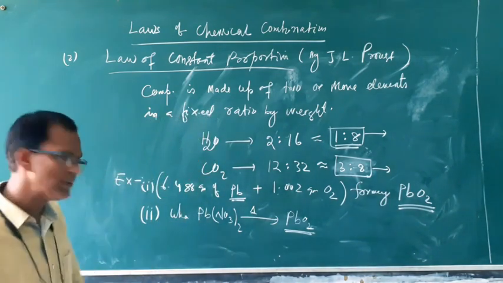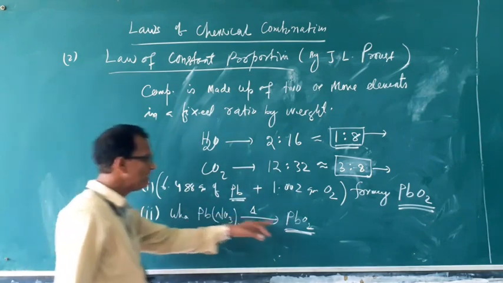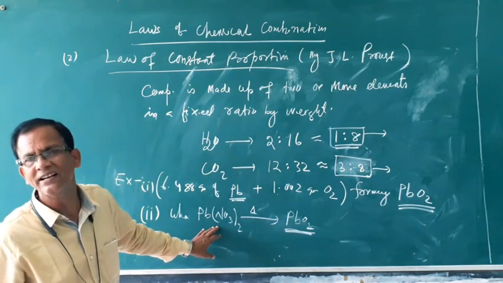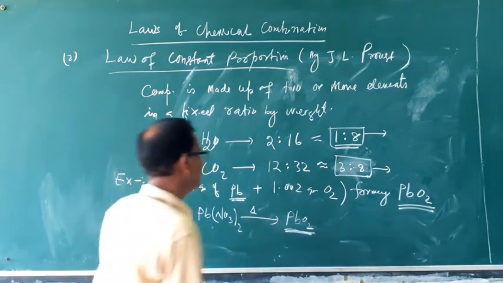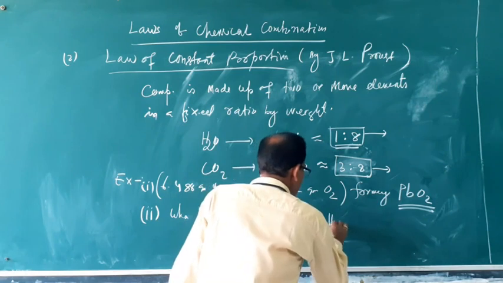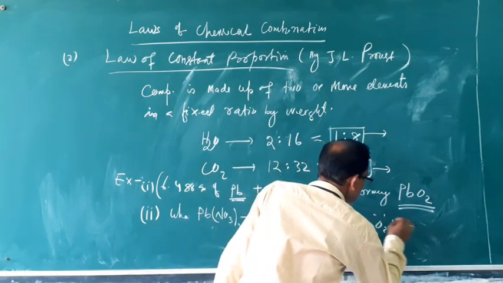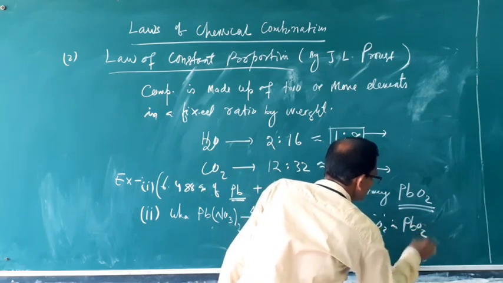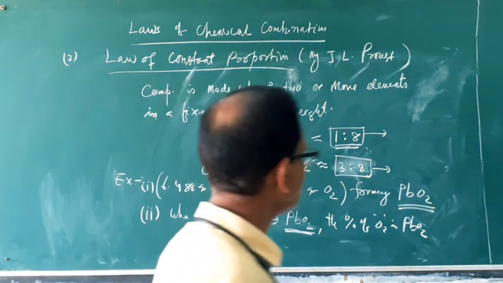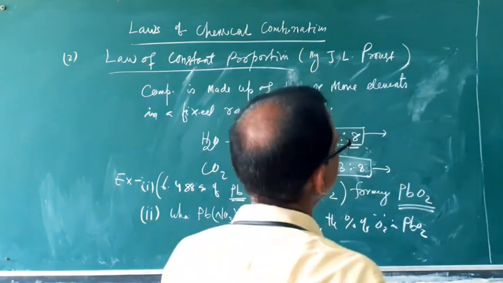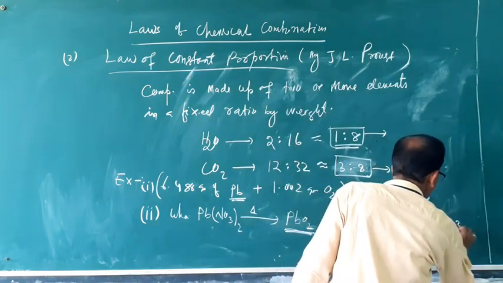In the second experiment, the same lead oxide is obtained by heating lead nitrate. And in the second experiment, it is calculated that the percentage of oxygen in PbO2 is 13.38.